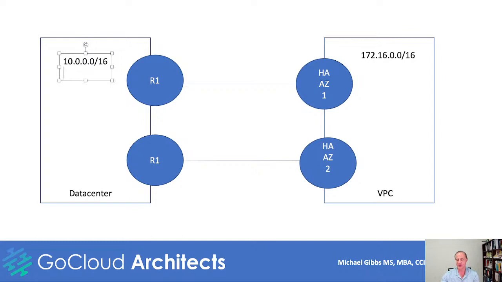So let's, for example, say you've got a subnet of 10.0.0.0/24 and a 10.0.1.0/24. Let's say these are the two subnets in your data center.